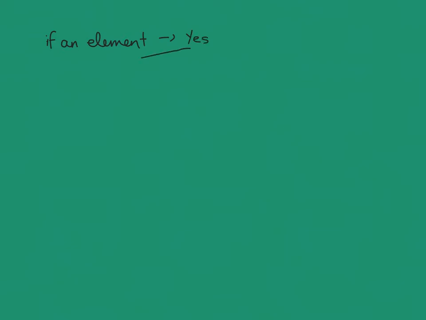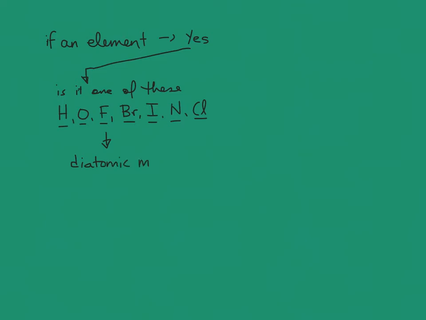And then we can break it down into a flow chart that says, is it one of hydrogen, oxygen, fluorine, bromine, iodine, nitrogen, or chlorine, or as I like to call them, Hofbrinkel? If it's like that and it's by itself, we deem these as diatomic molecules.